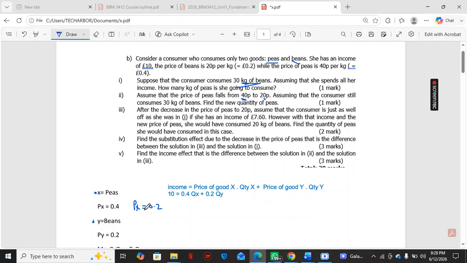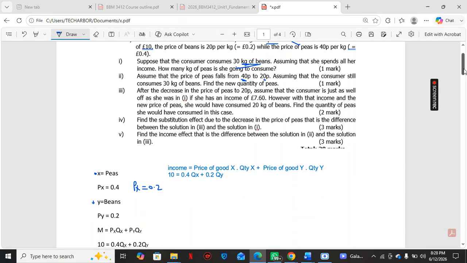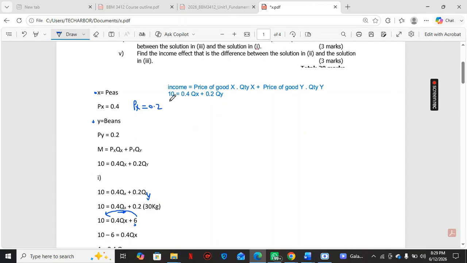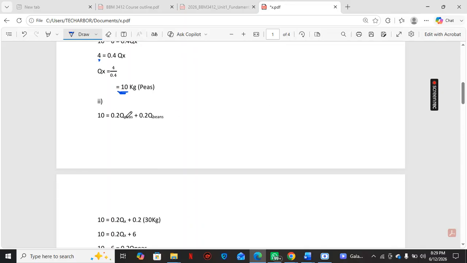Okay, so the price of peas has dropped. Our new budget constraint equation is going to be this now: 10 equals 0.2 QX, because this is the new price of peas, plus 0.2 QY.